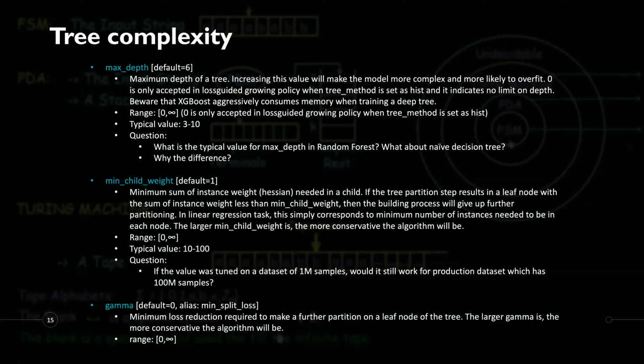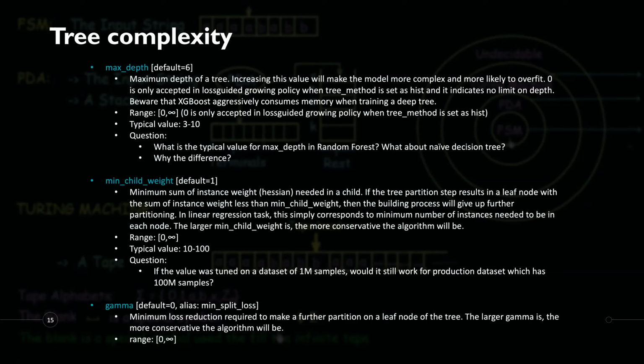The next parameter we'll take a look at is called min child weight. It behaves a little differently for classification and regression problems, but we can simply think of it as the number of samples a node requires for splitting.